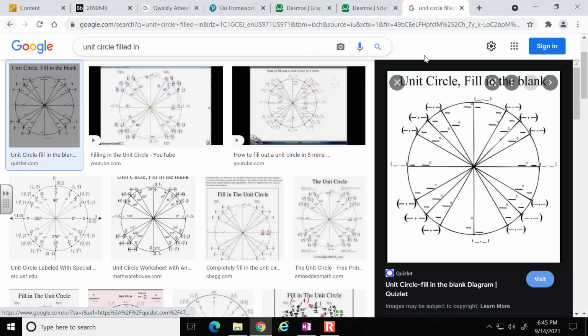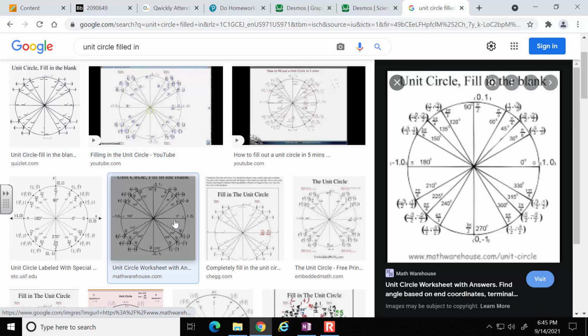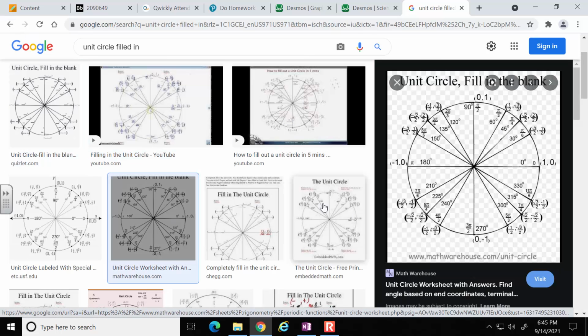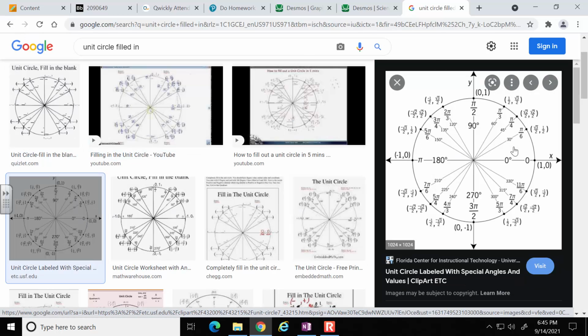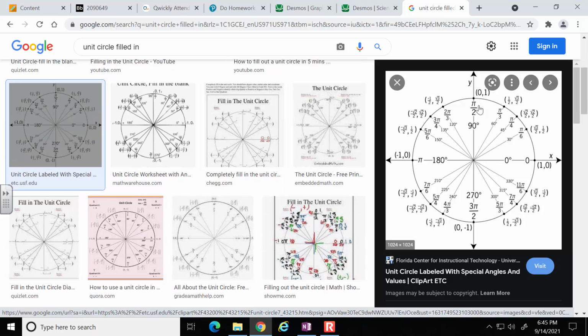That one's not filled in, but you can see various representations. I like this one because it's got the angle in radians and degrees, and it's got the measures. So that one's pretty good.